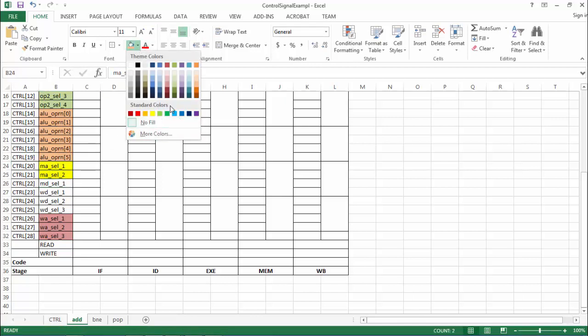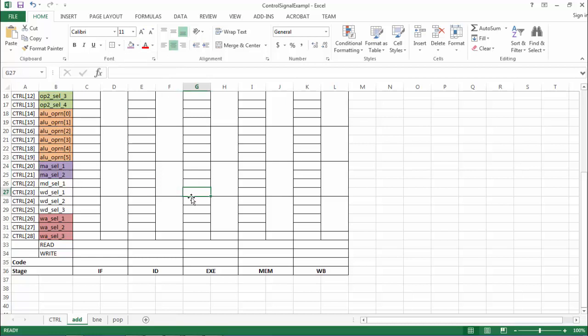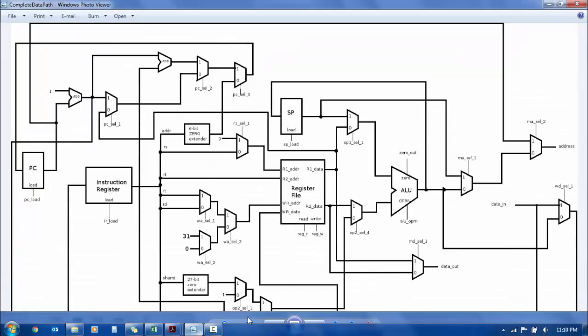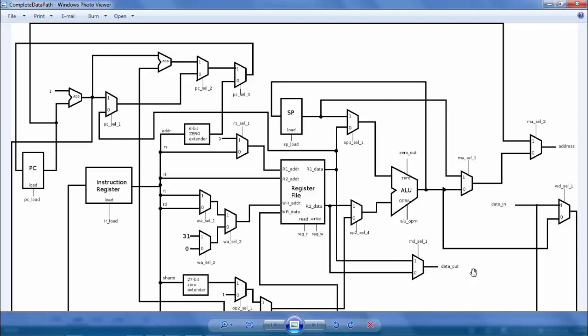Okay, let's put it like that. And MD, memory data selection 1, that is just one signal. We can just see what that is. Oh, here it is, right? So either I am writing out from register 1 into the memory, or register 2.